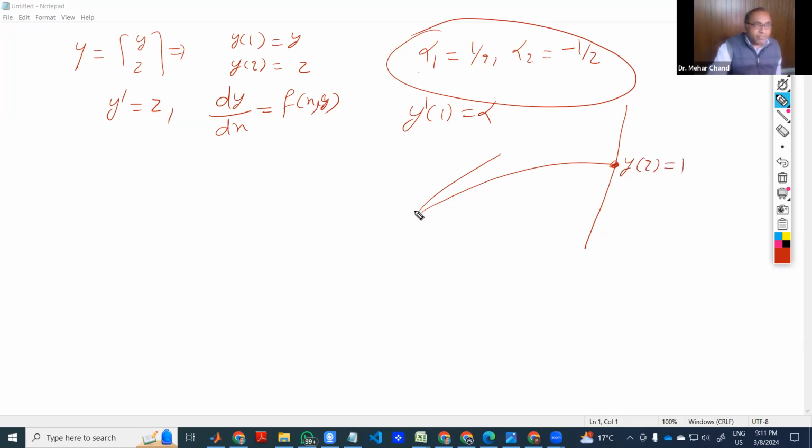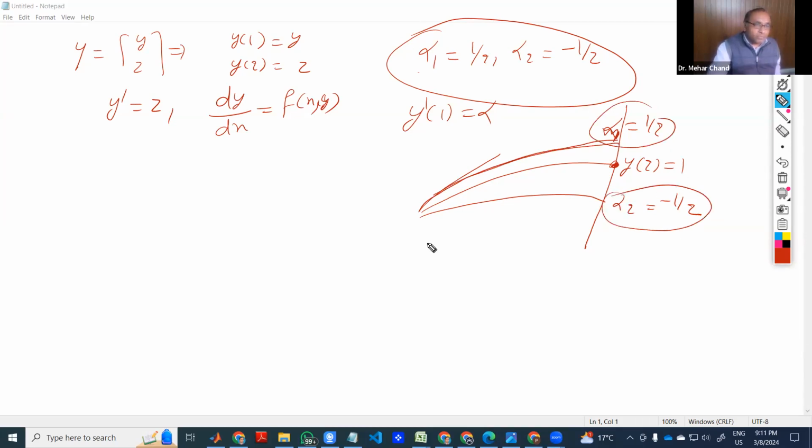Initially we start from these two values, alpha 1 equal to 1 by 2 and alpha 2 equal to minus 1 by 2, and these are the two slopes. y dash is the slope at the point 1.